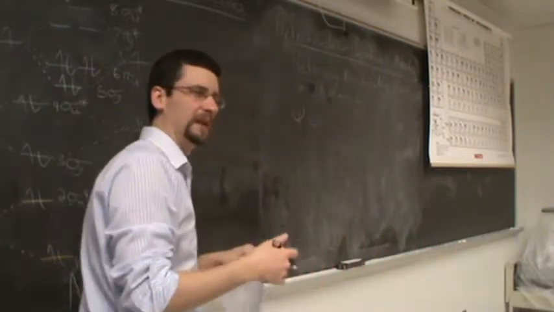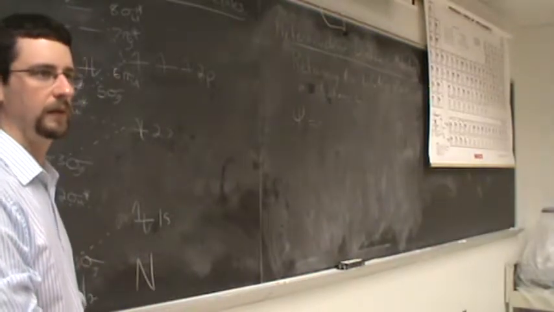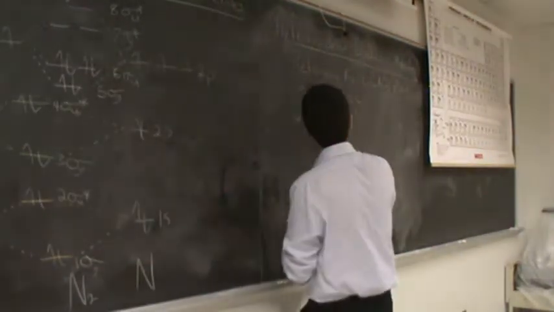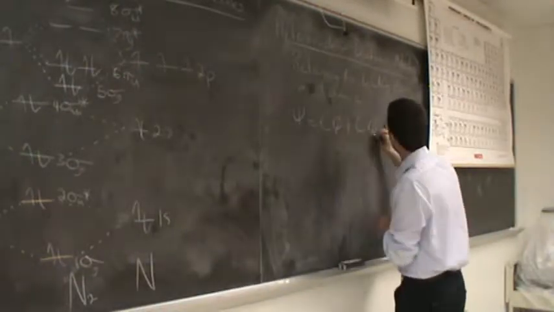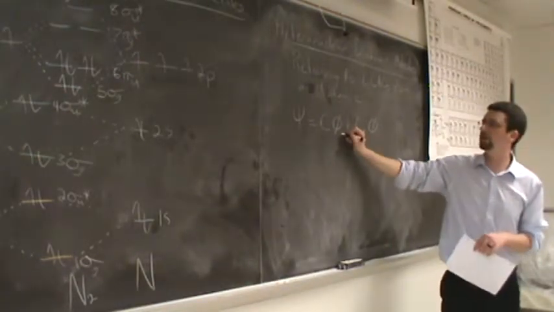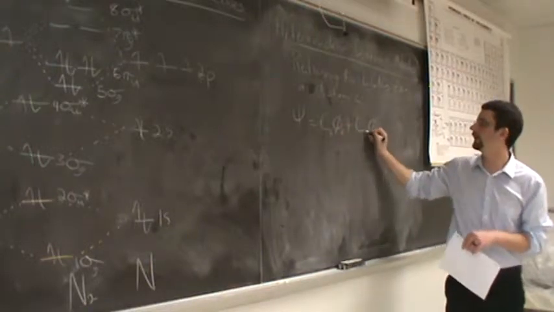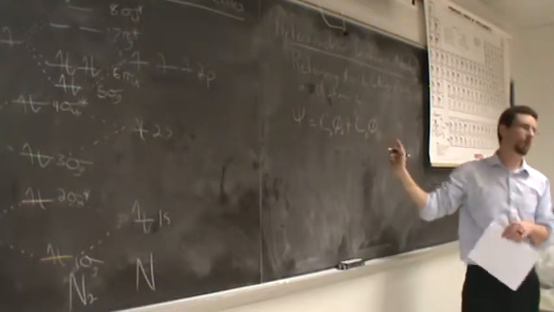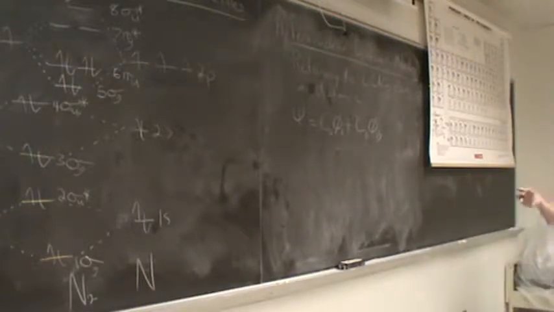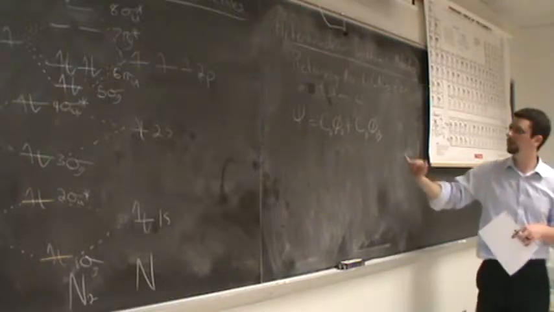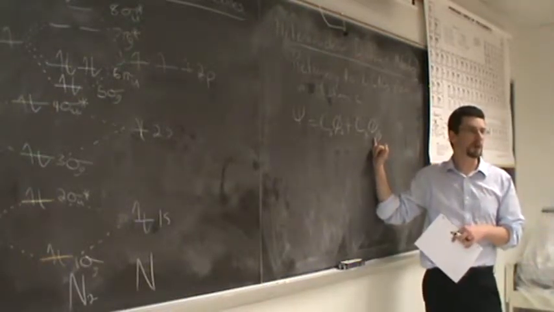Do you remember what that linear combination looked like? So like C1, whatever, plus C2. So we're going to call this A, that one B. What are the A and B for? Yep, the atom. So atom A and atom B. And then these are whatever atomic orbital we're talking about.